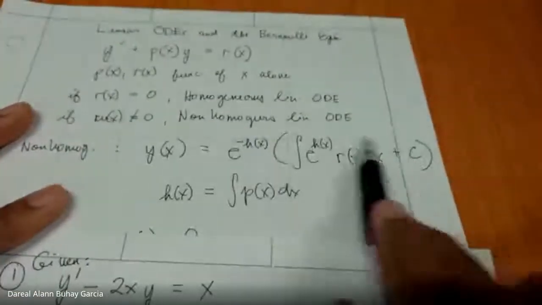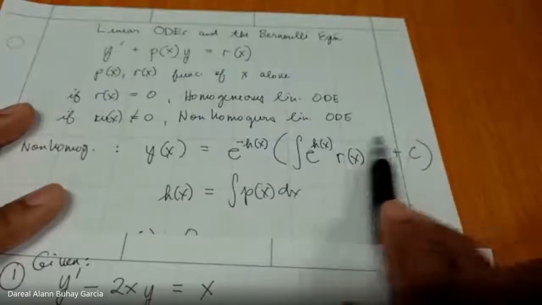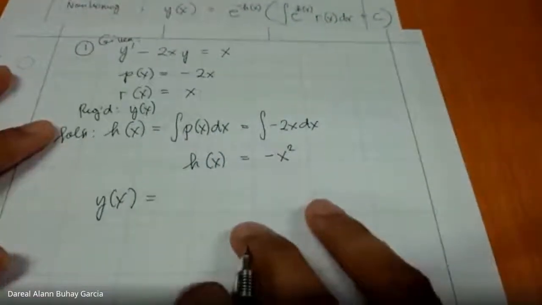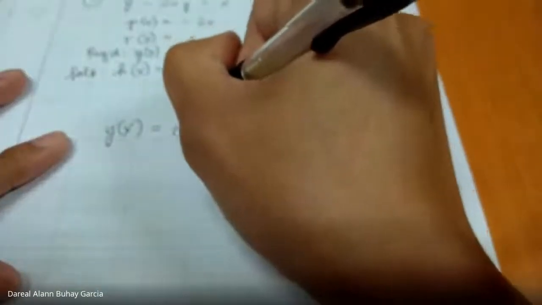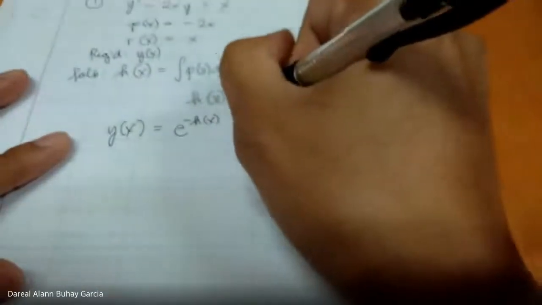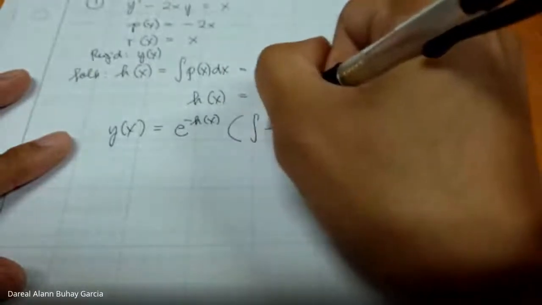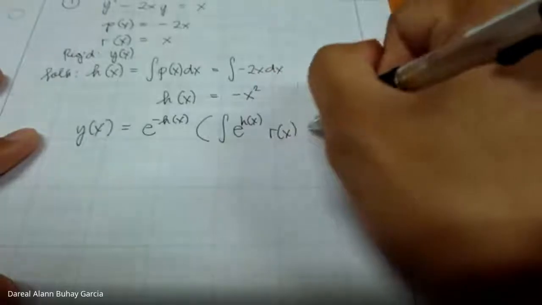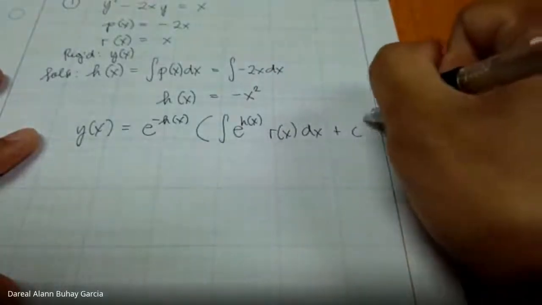Next, just invoke this formula. If you could memorize this one, the better. Y of x is equal to e to the power of negative h of x, the integral of e to the power of positive h of x, r of x dx plus c.